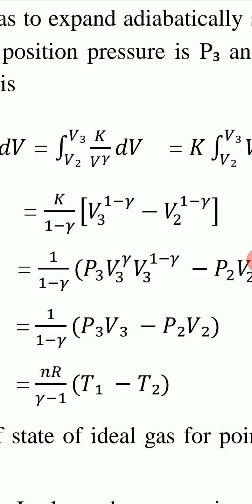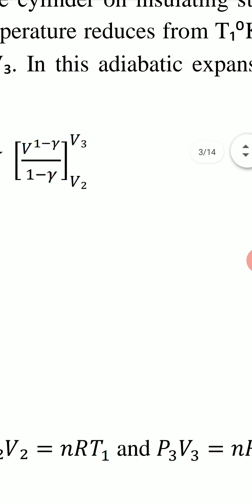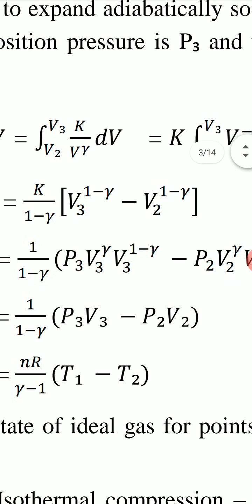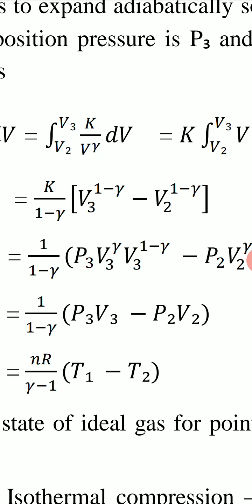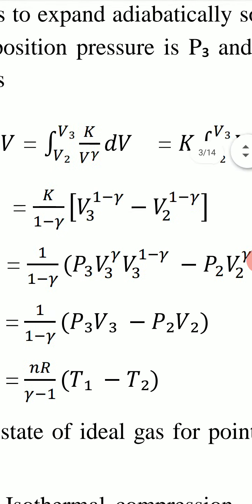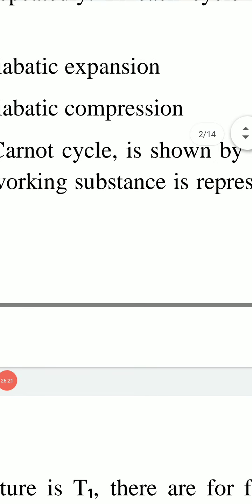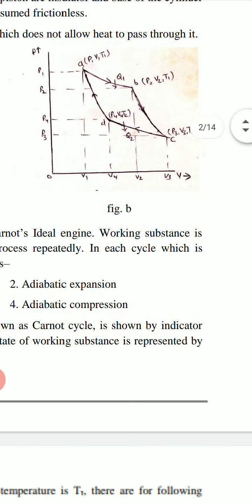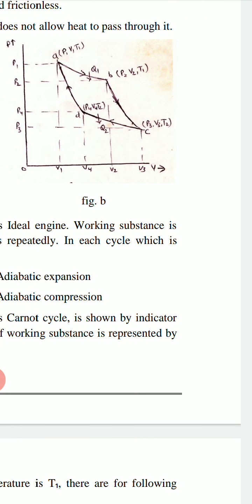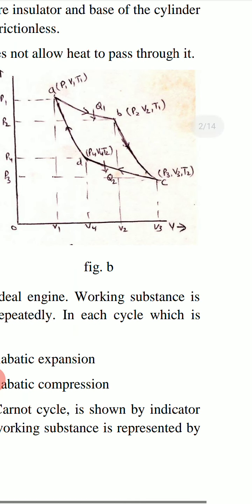Now put K inside the bracket, and the value of K is PV to the power gamma. For this process BC, at point B this value of PV to the power gamma is P2 V2 to the power gamma, and at point C this value becomes P3 V3 to the power gamma.